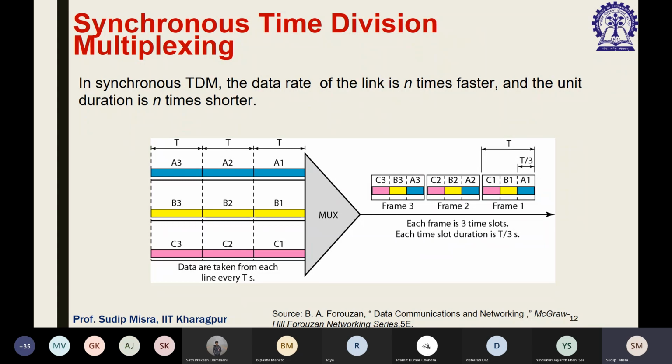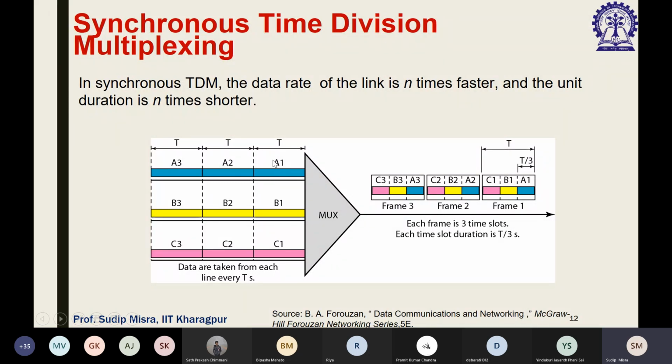One way of executing time division multiplexing is through the technique called synchronous time division multiplexing. Let us say there are different time slots. This is station 1, station 2, station 3, utilizing 3 links: link A, link B, link C. There are different frames that are going to come.